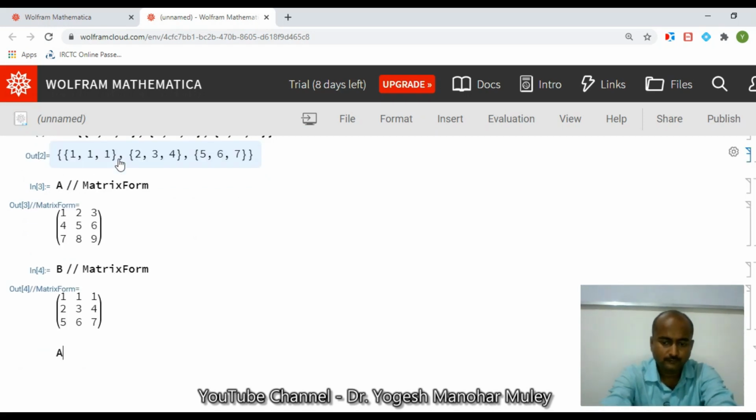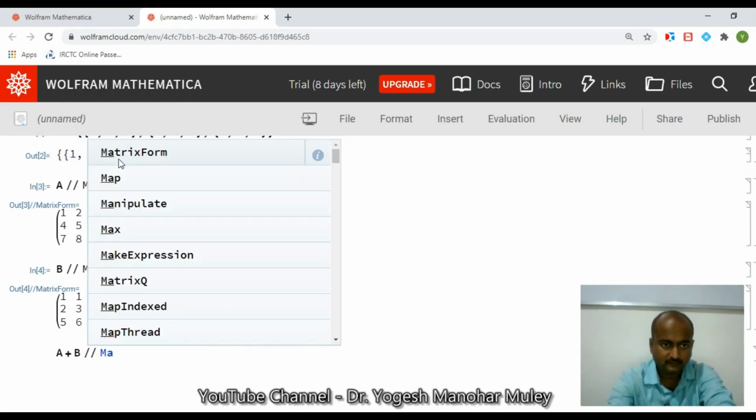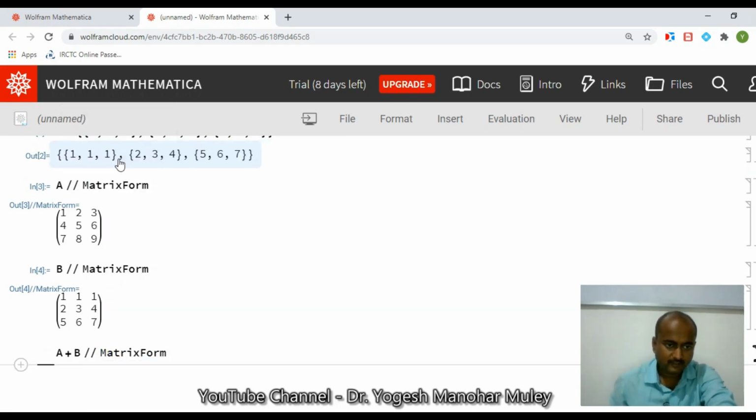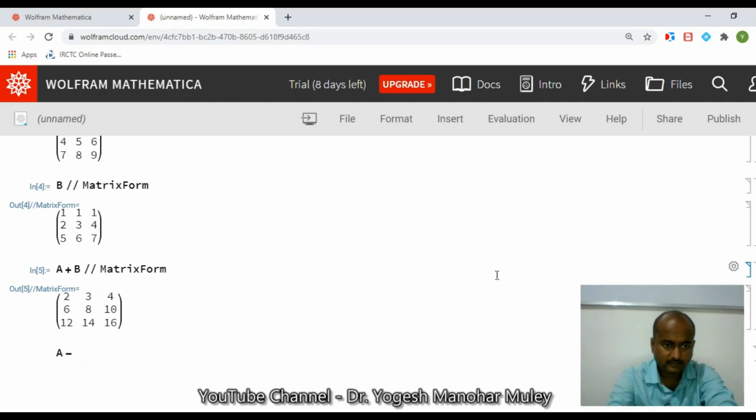Now we'll add A plus B, and after that we'll write MatrixForm, this will show the addition of the two matrices in matrix form.